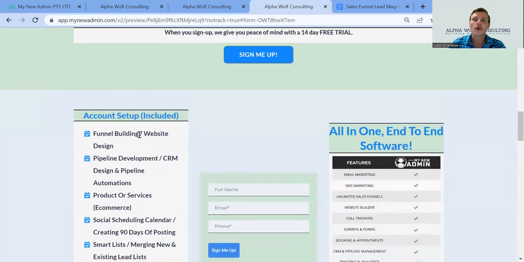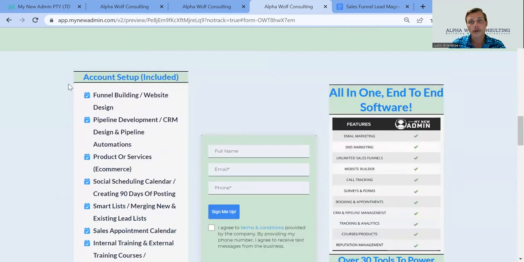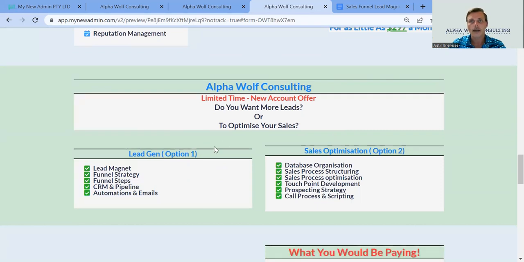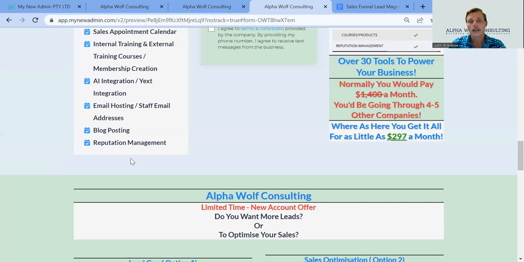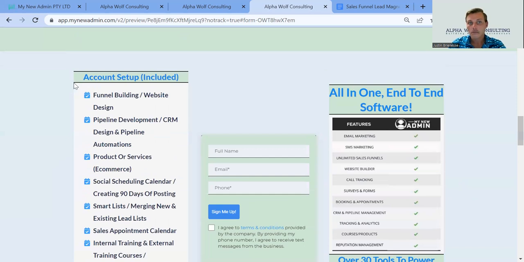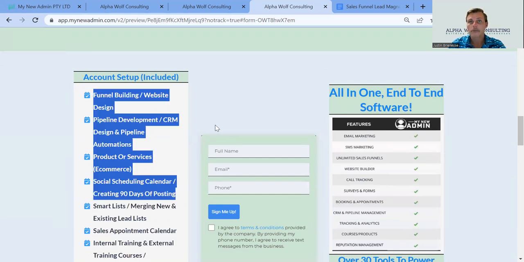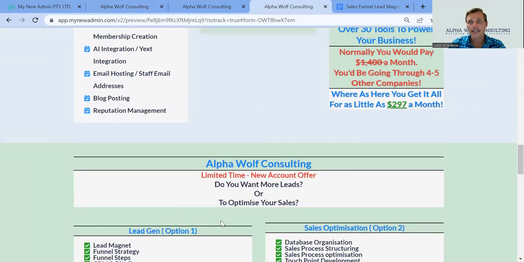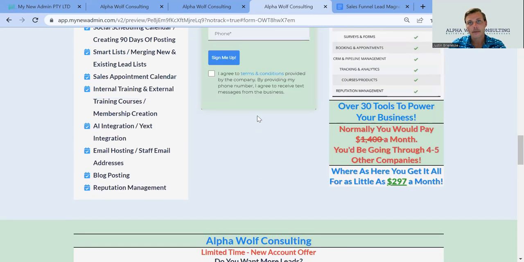If someone wants to compare between you and another, this is why we create these offers, where we create an irresistible offer. Anyone can sell the software. The majority of people can set it up. Some people may be able to do lead generation. Some people may be able to do sales optimization. But to have all three aspects in the one offer, not many people will have that together.